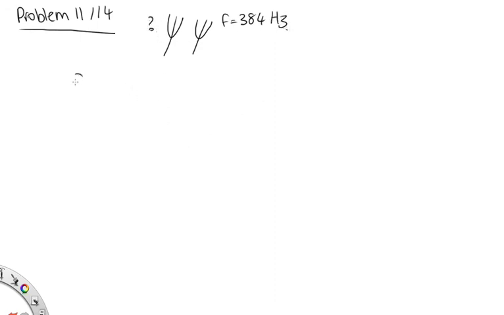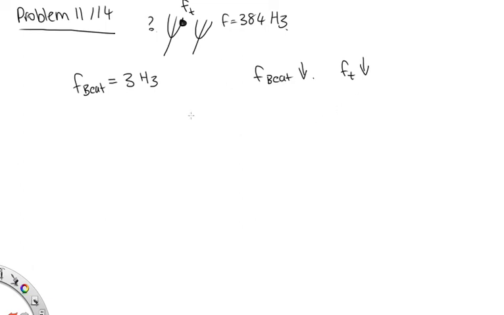And we're told that the beat frequency is equal to 3 Hertz. And we're told then we put a lump of plasticine on this one, and then the beat frequency decreases, and the frequency of this tuning fork, let's call that frequency T for tuning fork, also decreases when we put the lump of plasticine on it.